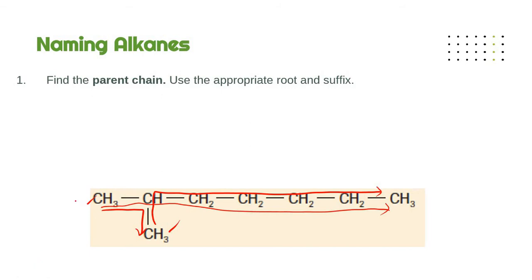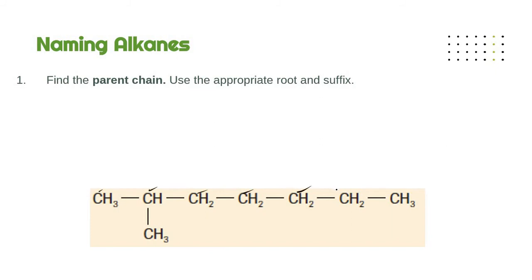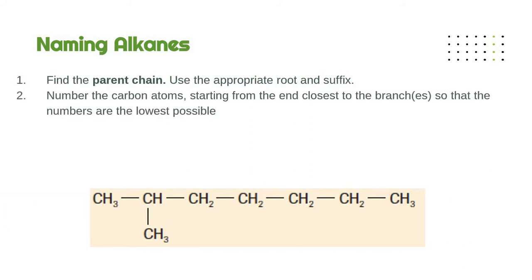It would be better if we just follow the straight line. This is how many? The straight chain has 1, 2, 3, 4, 5, 6, 7. So this is a heptane.